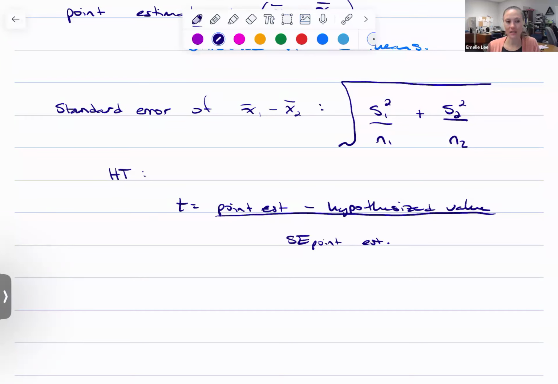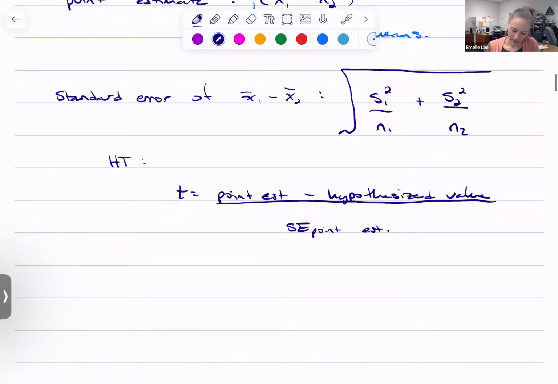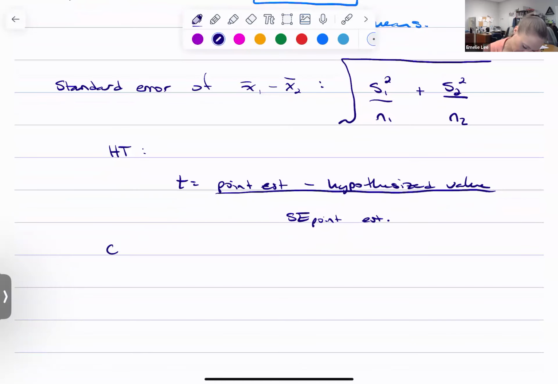So we're still going to calculate a t, and we're still going to calculate a confidence interval. A confidence interval is always the point estimate plus or minus some critical value, which I'll just write CB, times the standard error of the point estimate.